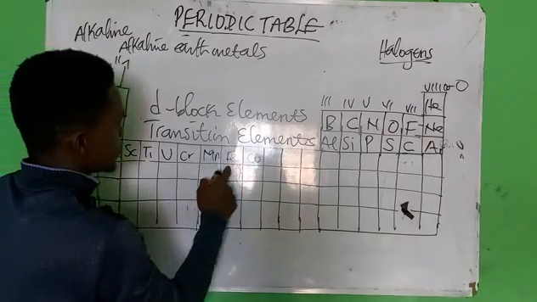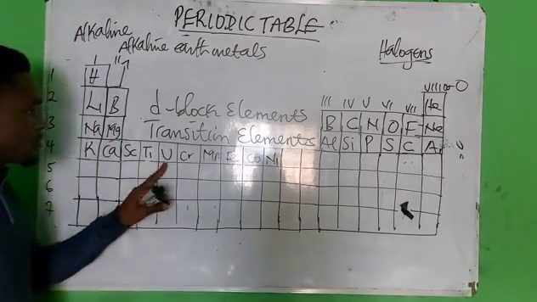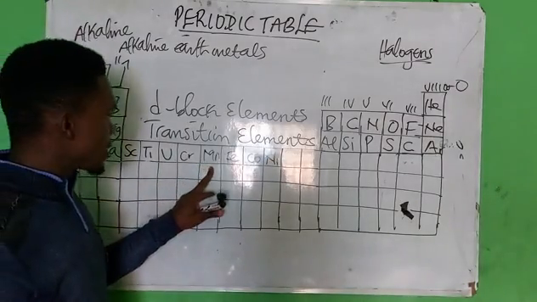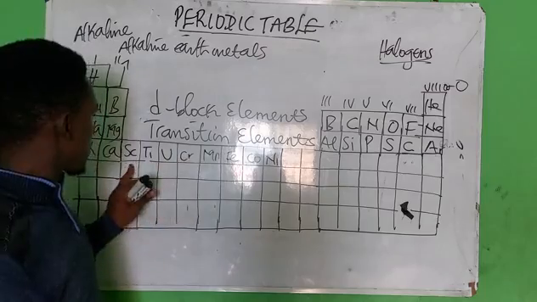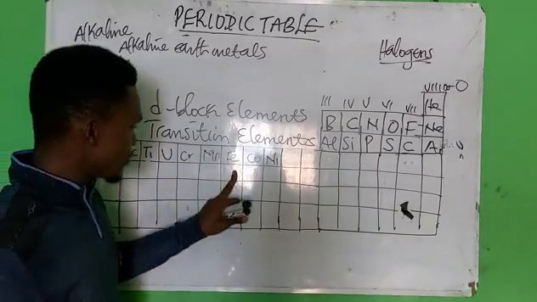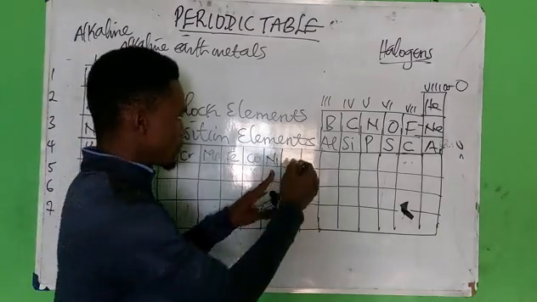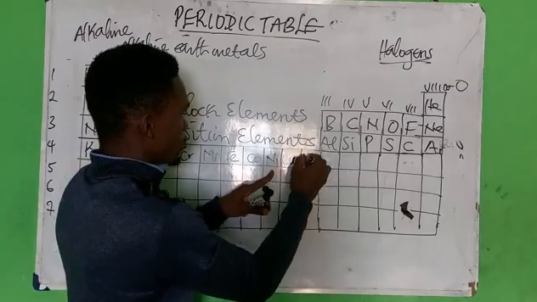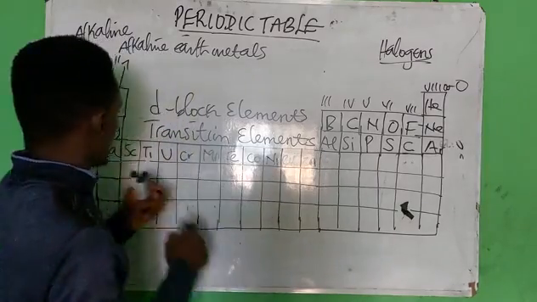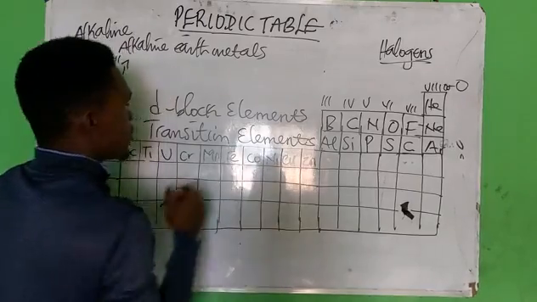Scandium, titanium, vanadium, chromium, manganese, iron, cobalt, nickel, copper, and what? Zinc, right? 1, 2, 3, 4, 5, 6, 7, 8, 9, 10. Good.